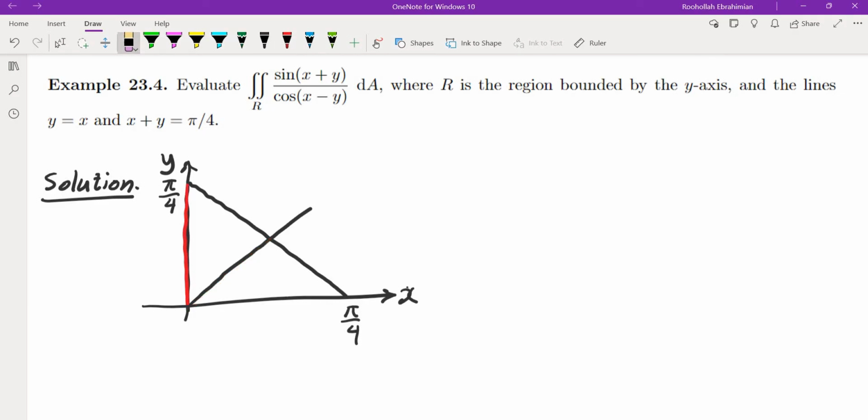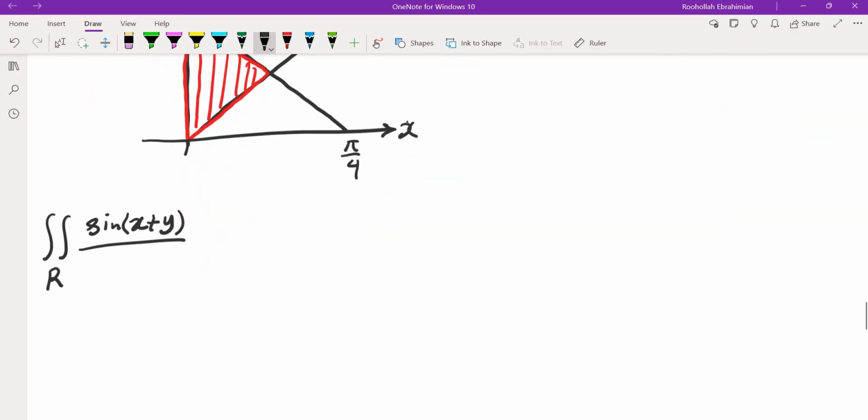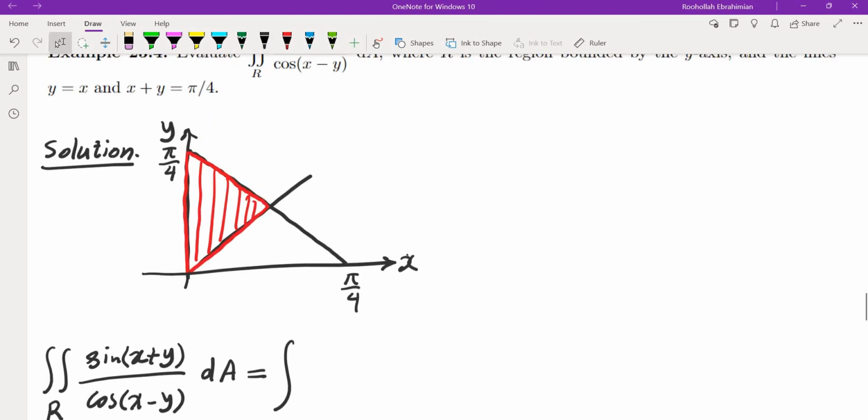Okay, so when we want to evaluate the integral over this region, we could identify this region as a vertically simple region. This is certainly a vertically simple region. So now, if we were to evaluate that, we would get sine of x plus y over cosine of x minus y dA. Okay, so this is y equals x.